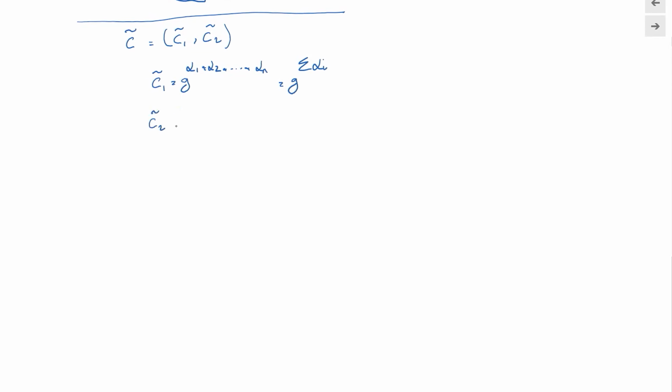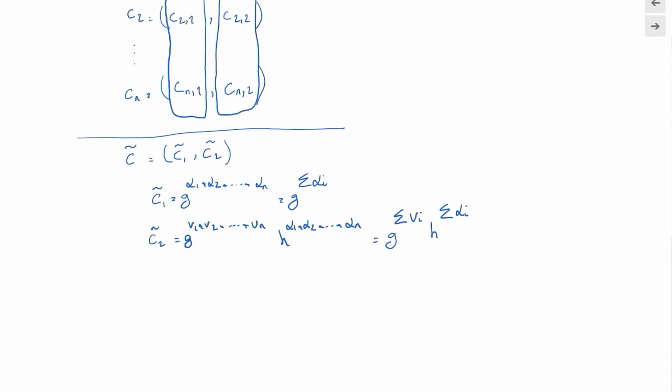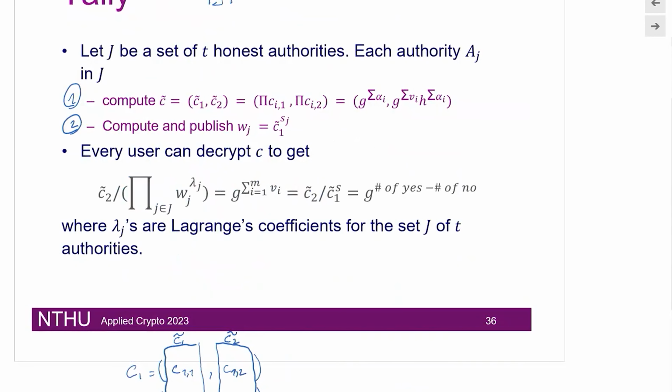C2 tilde is going to be g to the power v1 plus v2 all the way to vn, times h to the power alpha 1 plus alpha 2 all the way to alpha n, which we can denote as g to the power sigma of vi's times h to the power sigma of alpha i's, right? So this is what we have computed for number 1.